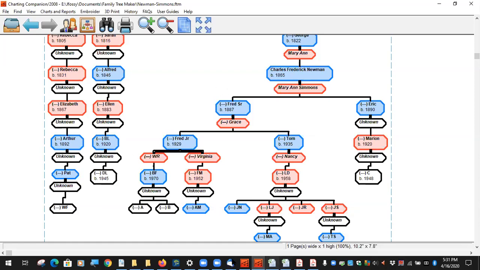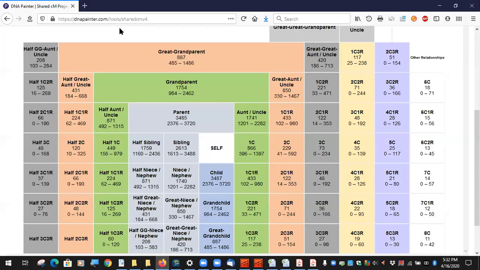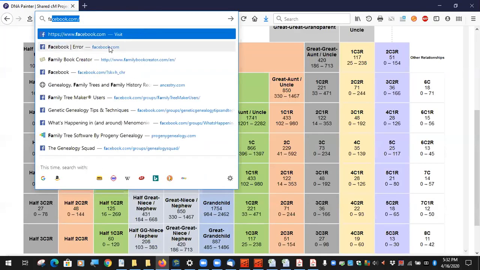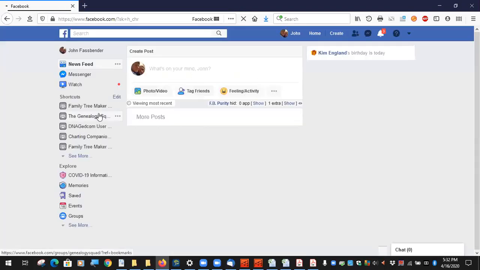I don't really know if there's a maximum size or limit for Facebook. I think there is, but it would tell you.